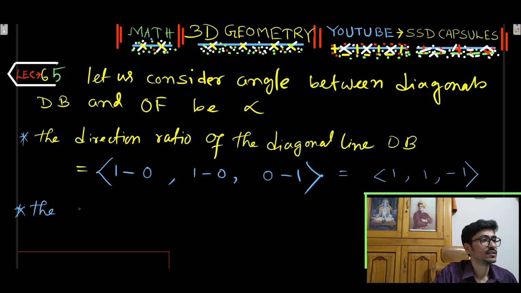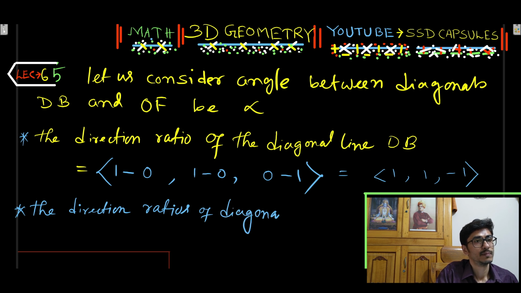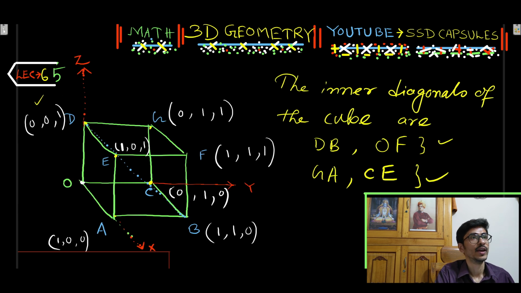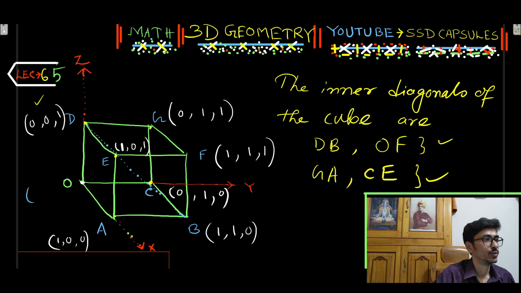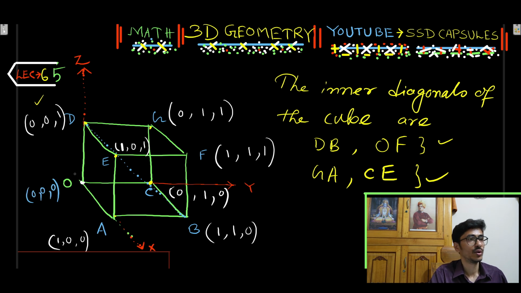Similarly, the direction ratios of the other diagonal line OF are: previous page, point O whose position coordinate is 0, 0, 0, and this is F. If we join this, this is the diagonal, so DB and OF.